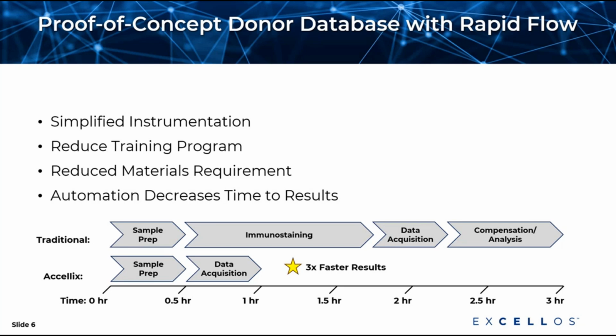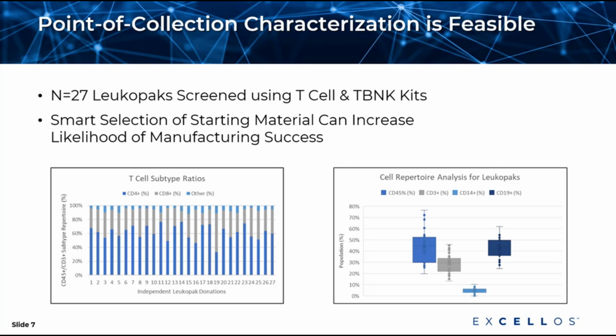Astellix, however, delivers 3 times faster results, given that it's just a similar sample prep and the data acquisition is all automated. So this is our rationale for choosing the Astellix, but what we've been able to do is a proof of concept point of collection. That is, when we receive the leukopaks, we can pull a sample and process it on the Astellix using both the T-cell and TBNK kits.